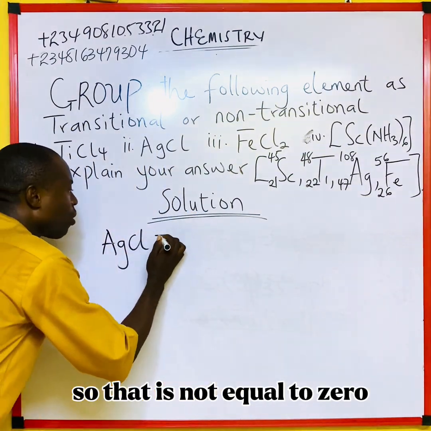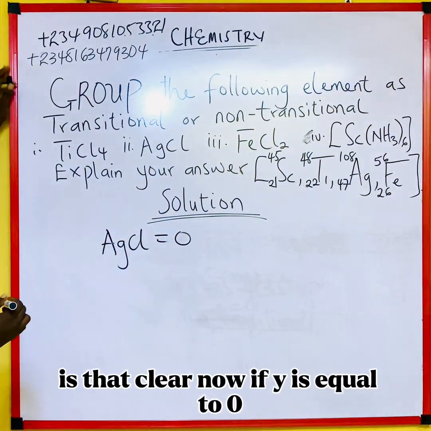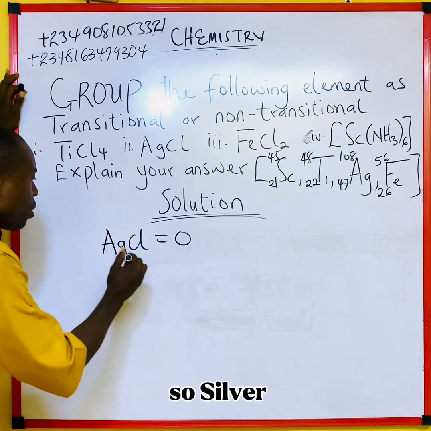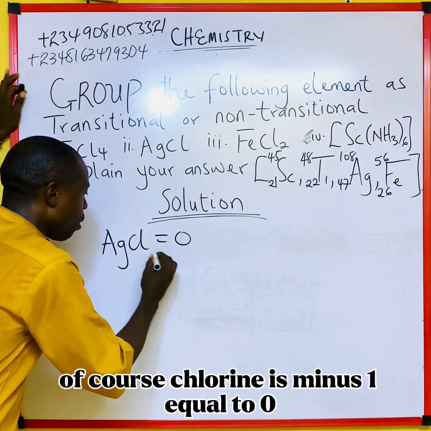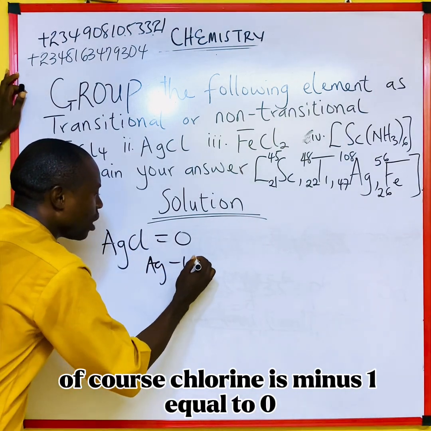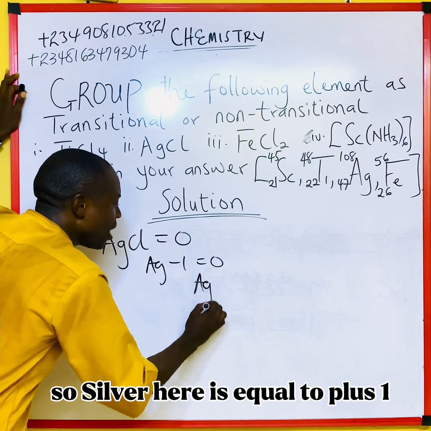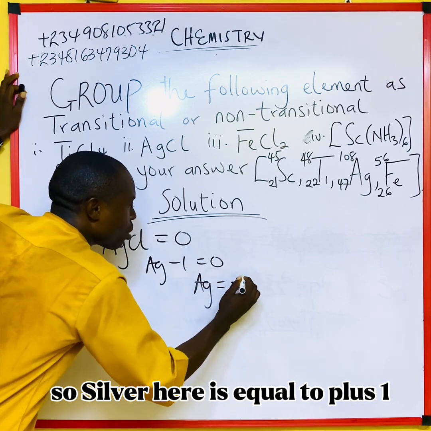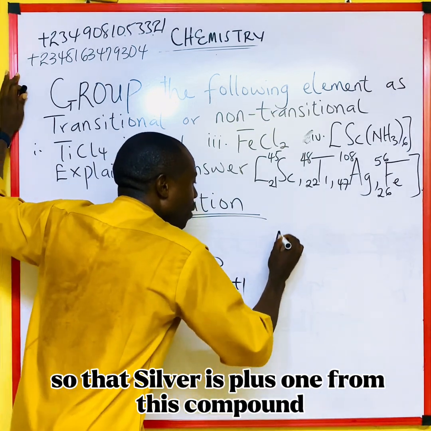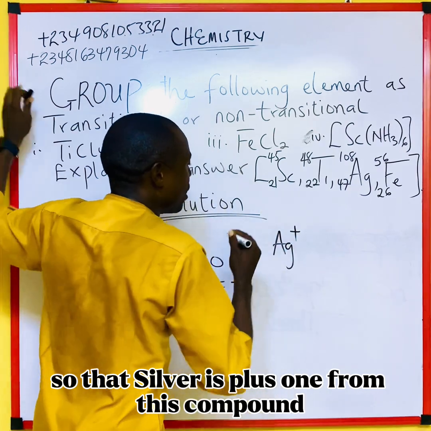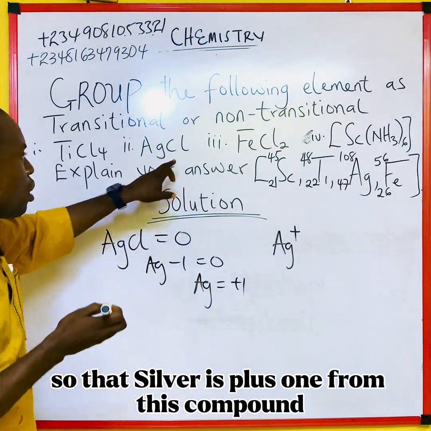So here is now equal to 0. Is that clear now? If here is equal to 0, chlorine here is -1, so silver here is equal to +1. So that silver is +1 from this compound.